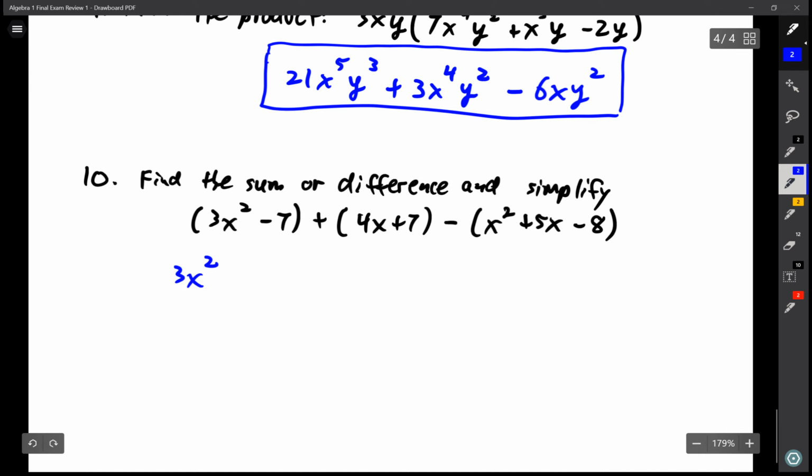So be careful. This is minus this whole chunk. And we have minus a negative 8, which becomes plus 8.